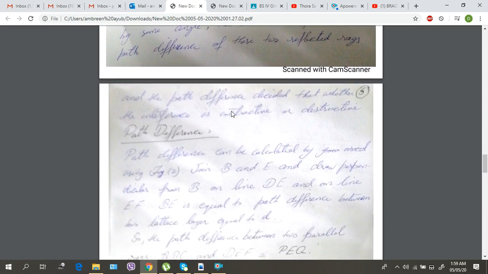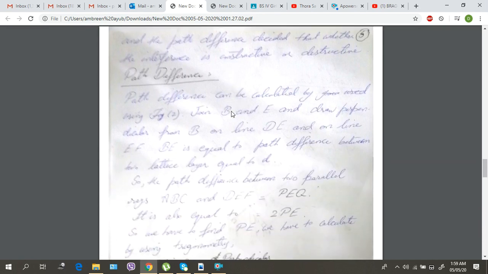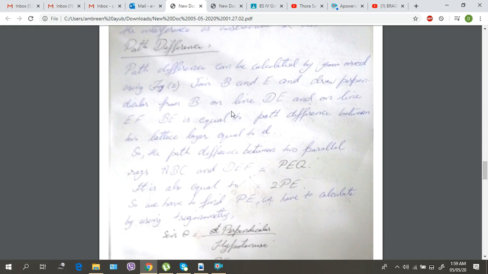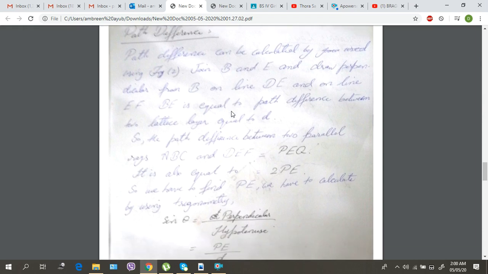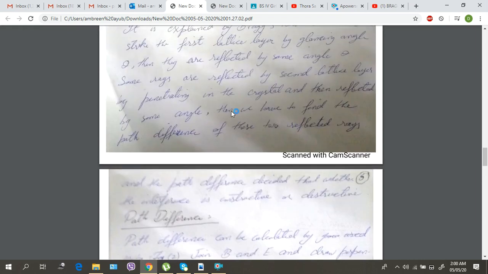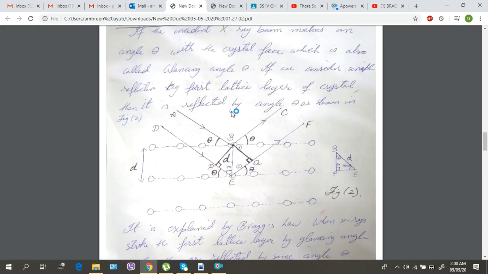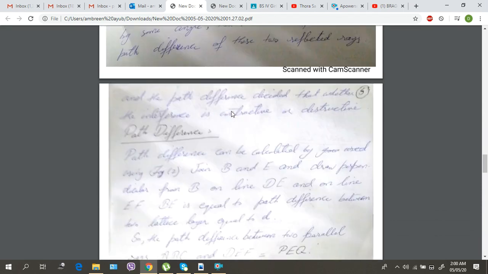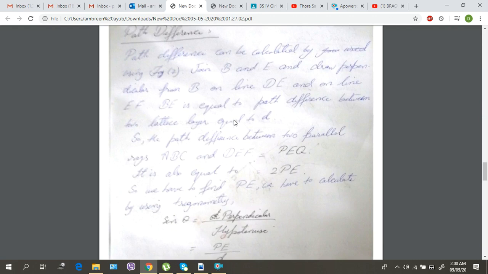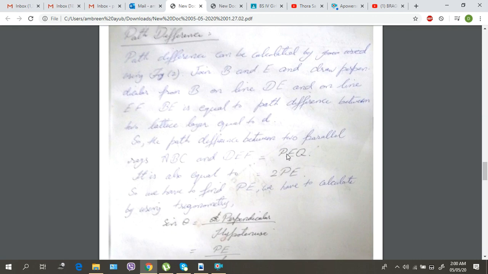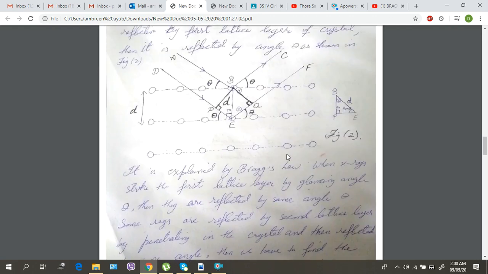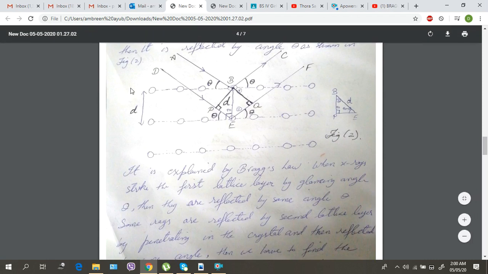The path difference can be calculated by using this method. The path difference between the two parallel rays ABC and DEF is equal to PEQ. This is the path difference between the two rays.